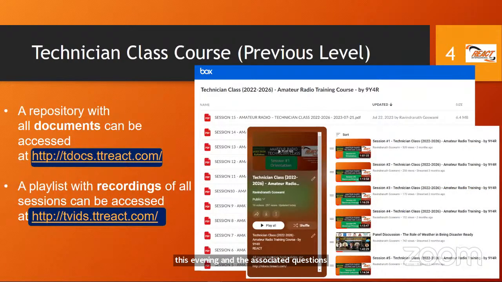All right. So just a reminder for persons that there are 3 levels of exams, 3 courses associated with the FCC syllabus as far as amateur radio qualification goes. There's the technician or level 1, there's general level 2, which we are presently doing in the course. And then of course, subsequently we'll do the extra class. But for persons who are new to the general class, we do have an on-demand technician class available to you. And the link on your screen, you can get all of the documents associated with the technician, all the slides, as well as the text and also the recording.